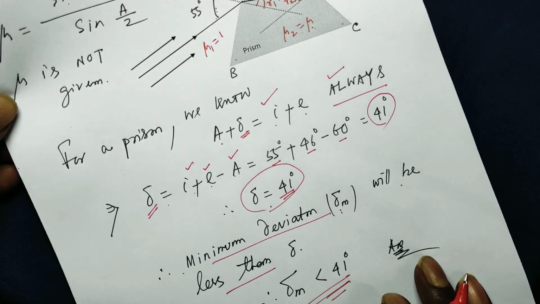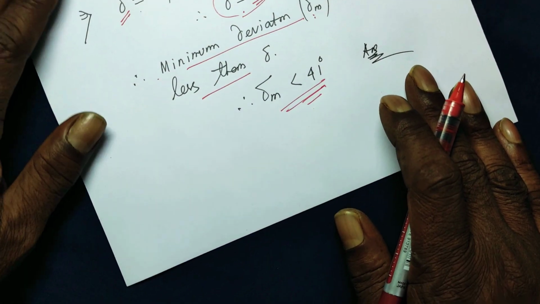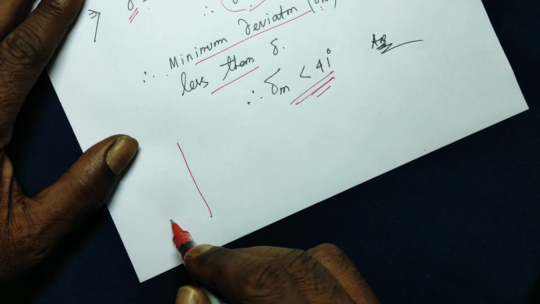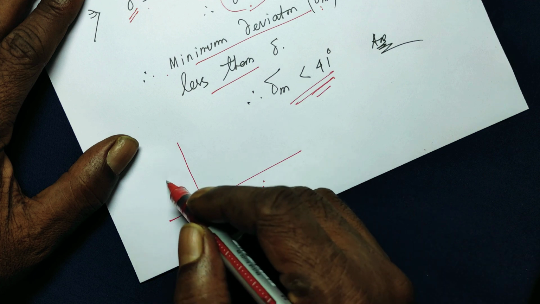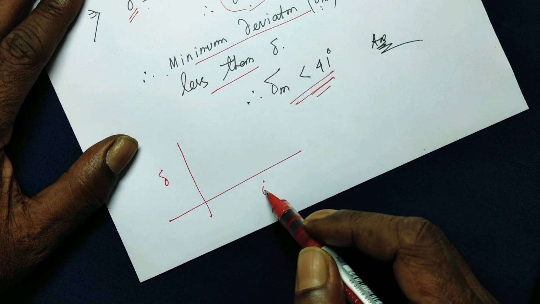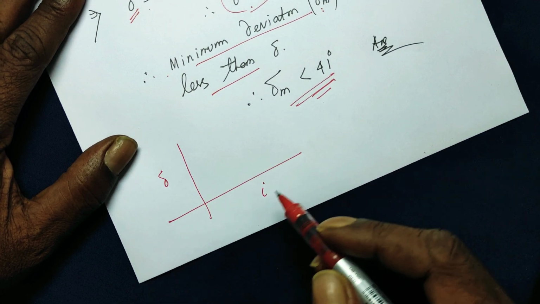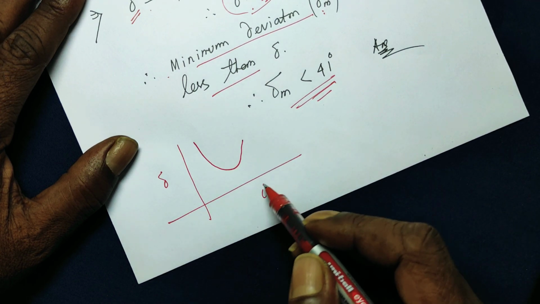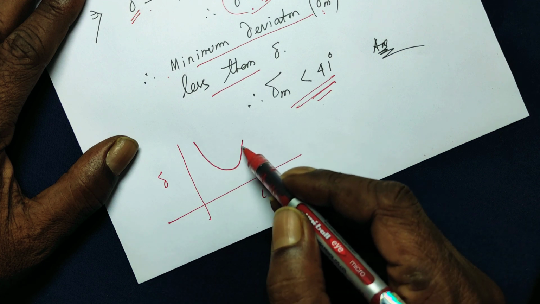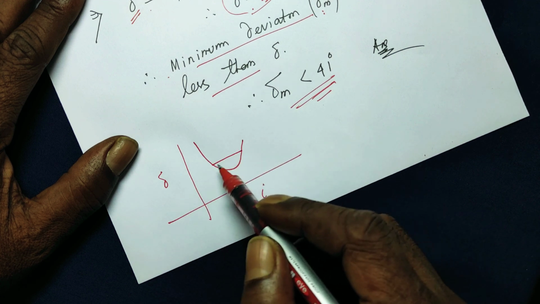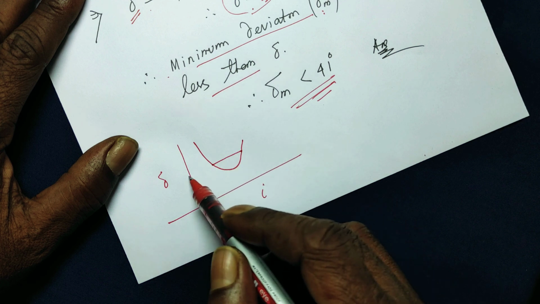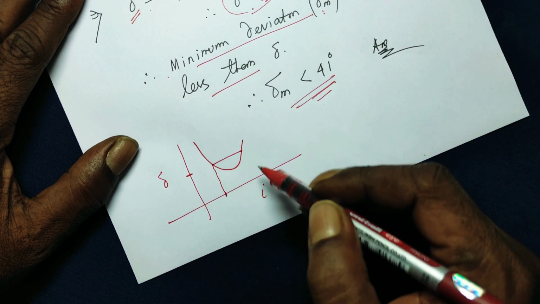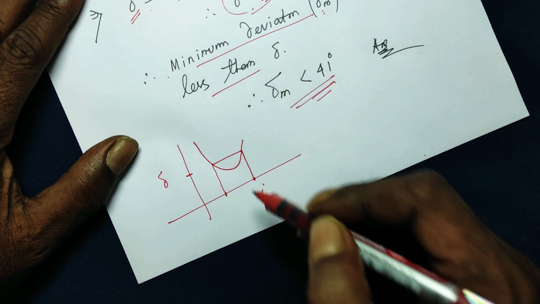So since there is some time left, let me revise here also. To this side is your angle of incidence, to this side is the delta. For different angles of incidence, if you plot delta, you get a graph like this. Means as I increases, delta decreases, then increases. If you draw a horizontal line, for these two points it is the same delta, but for this point the angle of incidence is this, and for this point the angle of incidence is this.